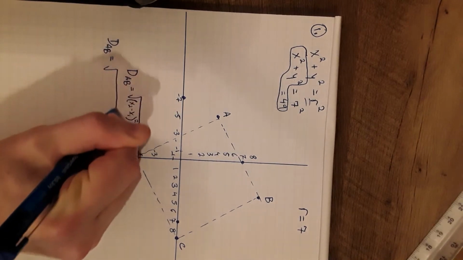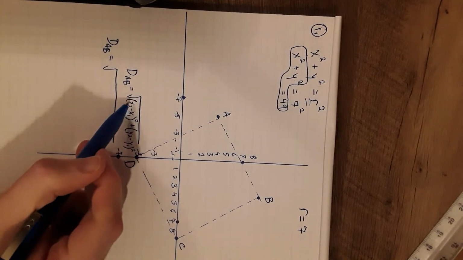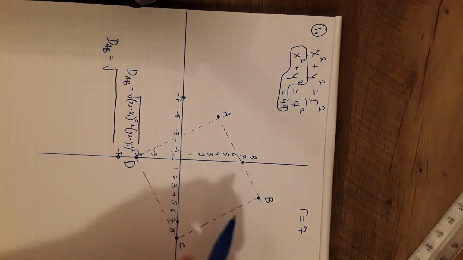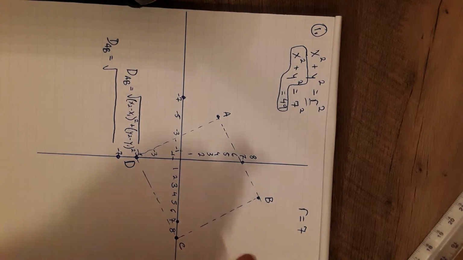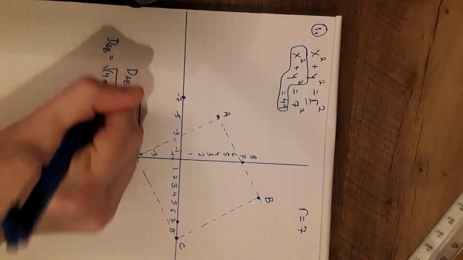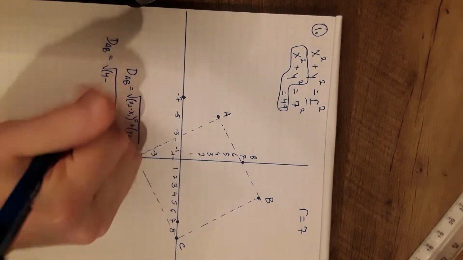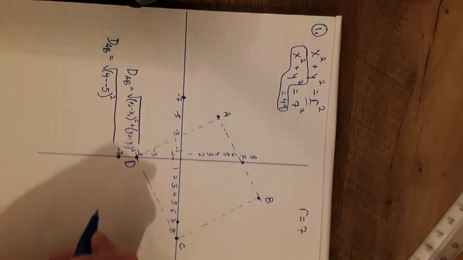So it'll equal the square root. So x2, we'll call that the b value. So the x value for b is 4. And then minus the x value for a, which is -5. And then we'll square that.